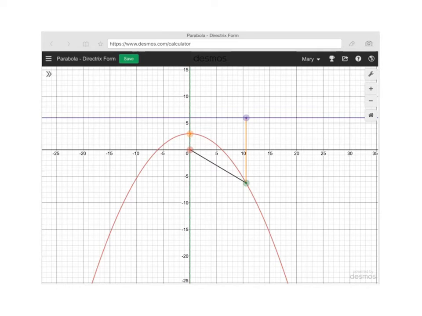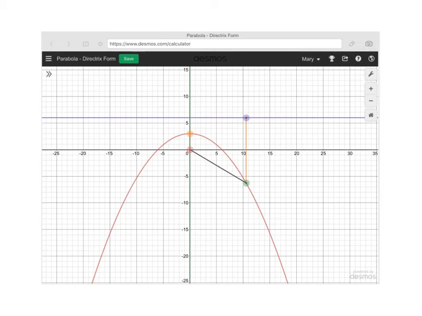Now, the point that I really want to talk about right here is the vertex. So let me erase the stuff I just did. I want to show you this. The distance from here to this point, we said was A in the previous slide, and that is the same as the distance from the vertex to the directrix.